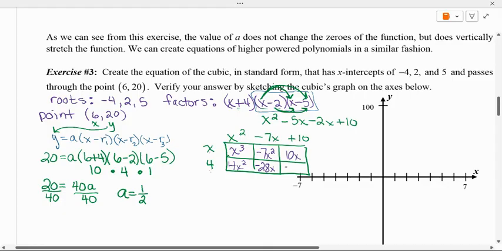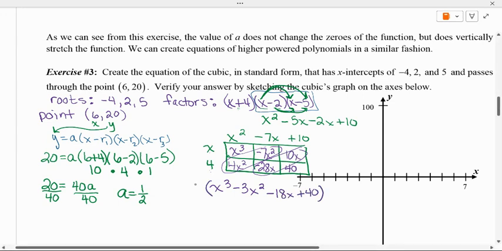And 4 times 10 is, remember we always want to look at the terms on the diagonal. So I end up with x cubed minus 3x squared minus 18x plus 40.